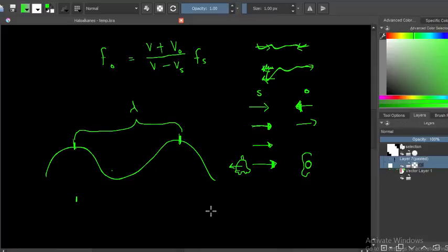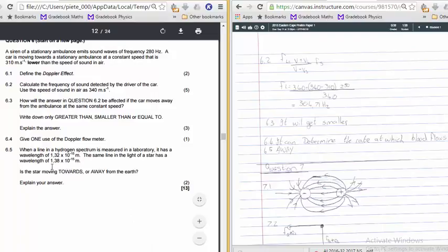But now this thing is moving, so before he can emit that point, he's already moved a certain distance, and so this wave is stretched out. So that is why if my wavelength is larger, and that's what you can see here, that means it's moving away.